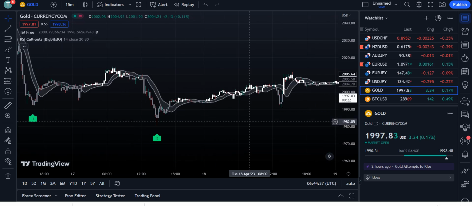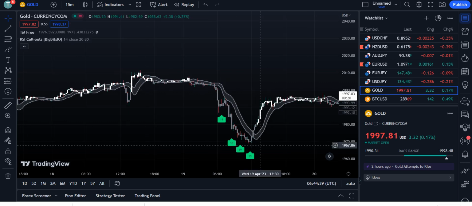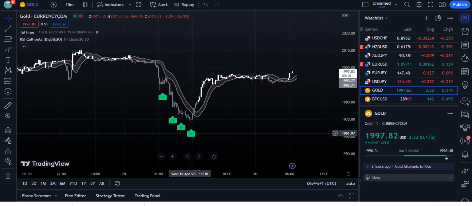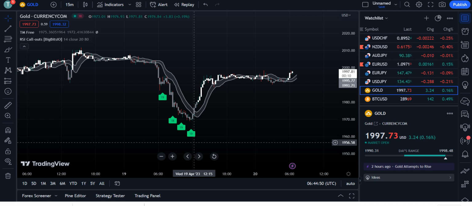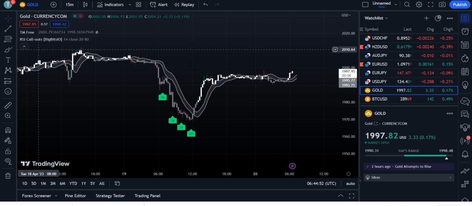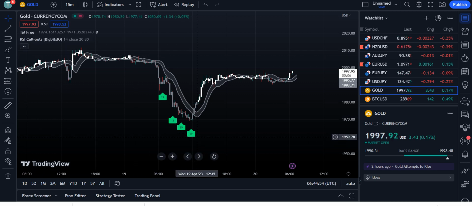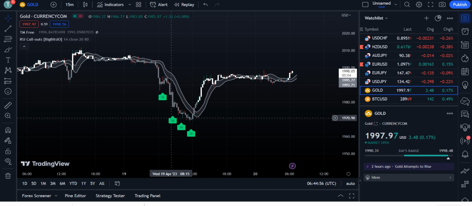So this is a very simple strategy for how to enter the market. Always remember, whenever our market is in an uptrend, our TM free indicator will give us the labels, and our RSI callouts will give us the labels in green or red color.